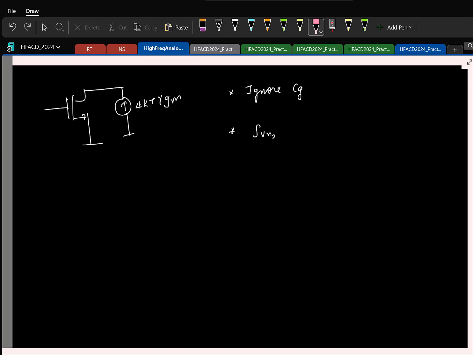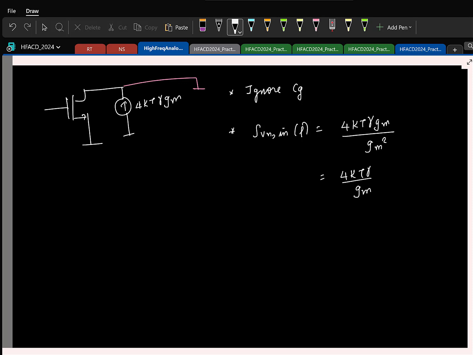Basically, you again do the same thing. You find the short circuit current, that will be 4kT gamma gm. Let me write it. S_Vn of f is the output current noise, 4kT gamma gm, divided by the transfer function from the input voltage to the output current, which is gm squared. So this is what you have.